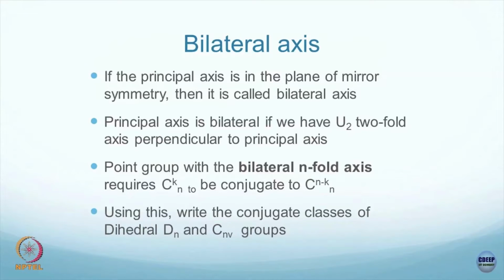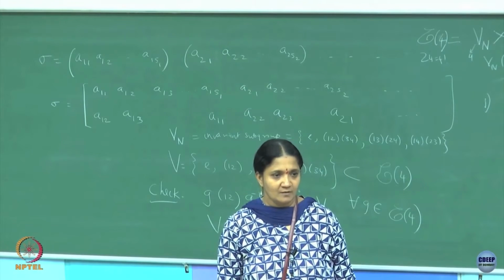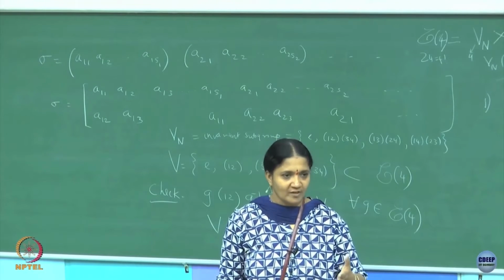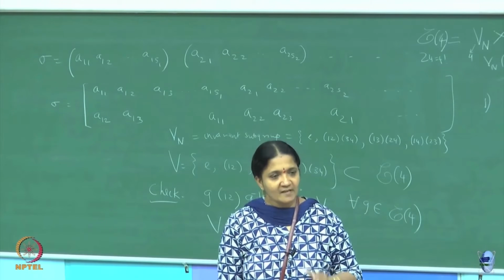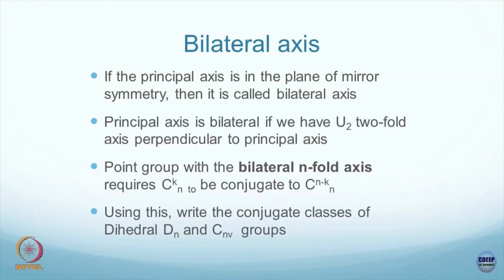Mirror plane basically will have two directions, but at least one of them should coincide with the principal axis. Which one coincides, I do not care. The mirror plane can be xz or yz, I do not worry, but it should contain the z axis, which is the principal axis direction. Then you call it a bilateral axis. If you had the XY plane as a mirror symmetry and the z axis as the principal axis, then you do not call it bilateral. Is that clear?